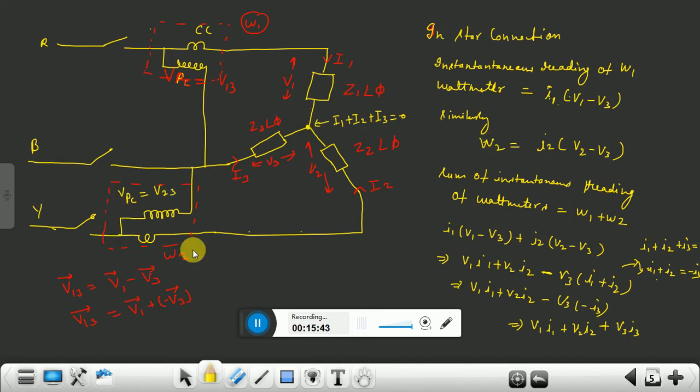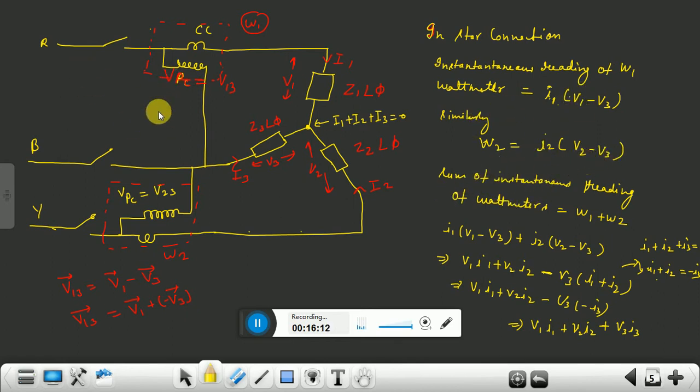Similarly, wattmeter 2 measures the current flowing in current coil 2, which is I2. It is written small because it is instantaneous power. The voltage measured by this pressure coil is VPC equal to V23, so this is I2 times (V2 minus V3).